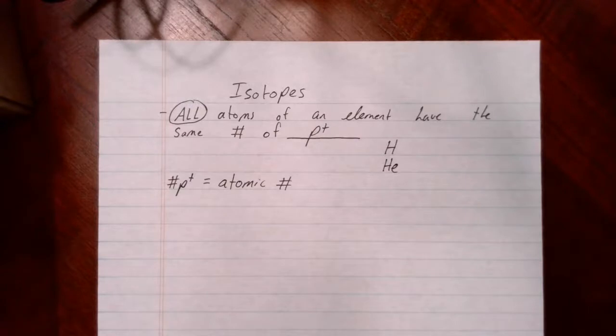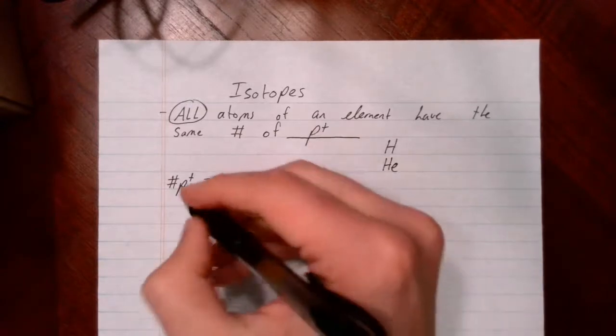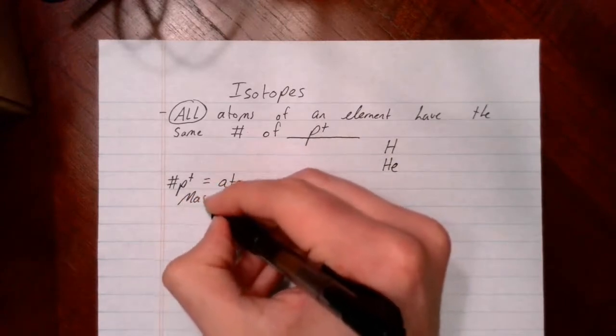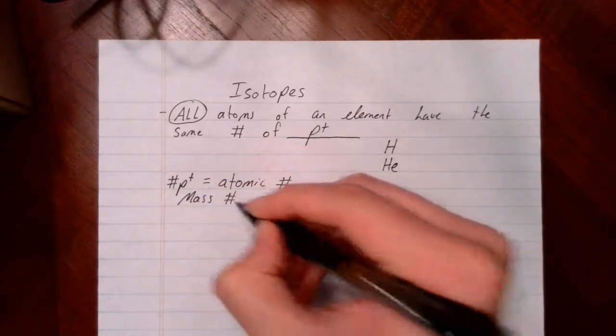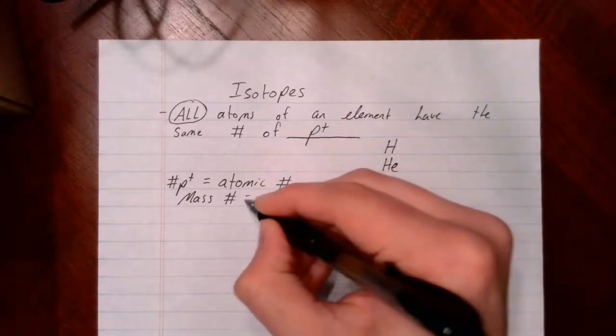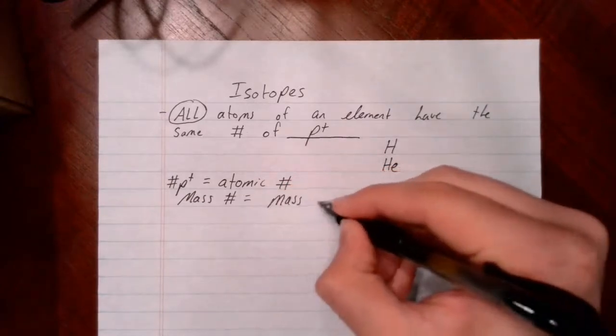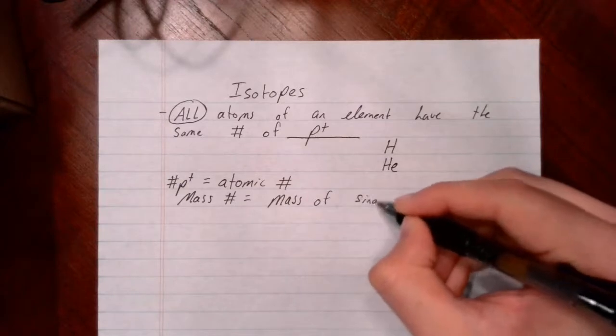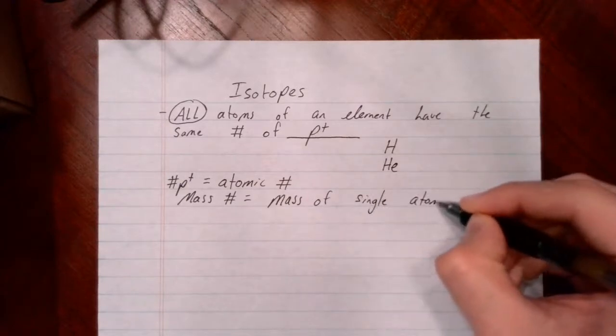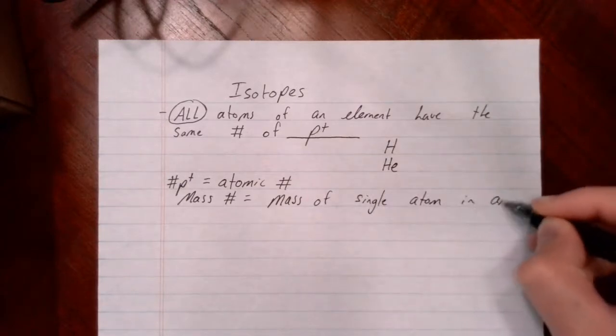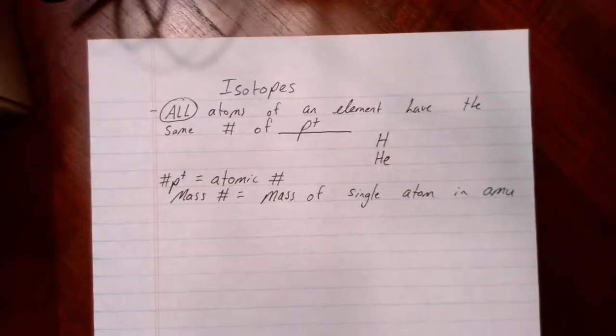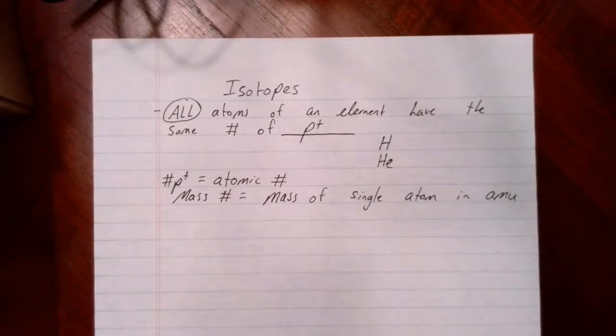Then, after atomic number, another term that we use to describe atoms is the mass number. Mass number is the mass of a single atom in AMU. We look at only the number of protons and neutrons here, and we assume that protons and neutrons have a mass equal to 1 AMU.